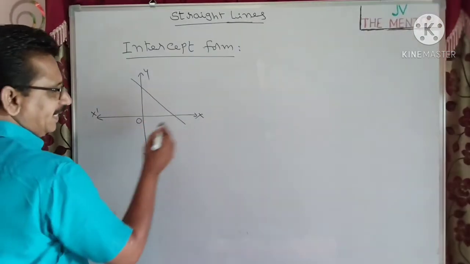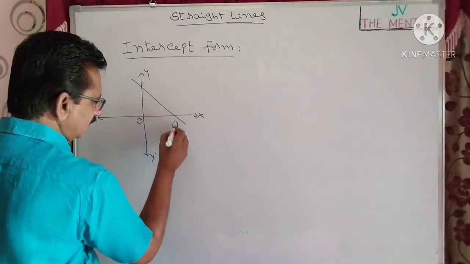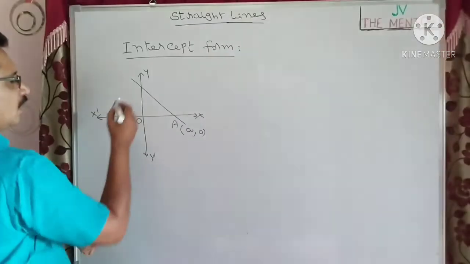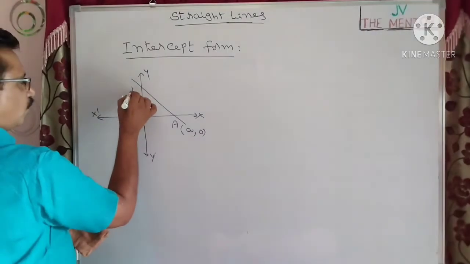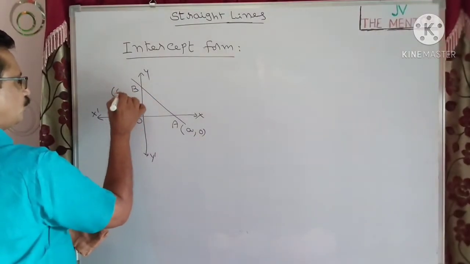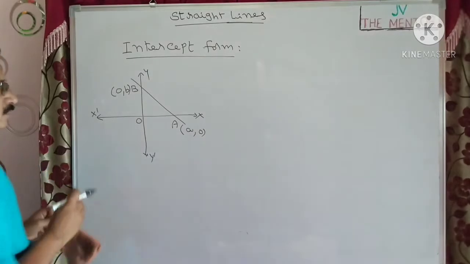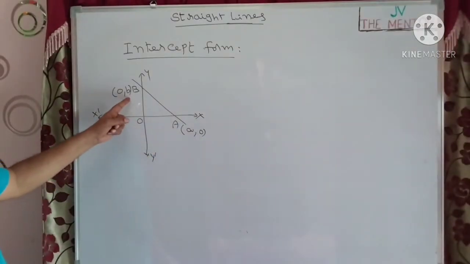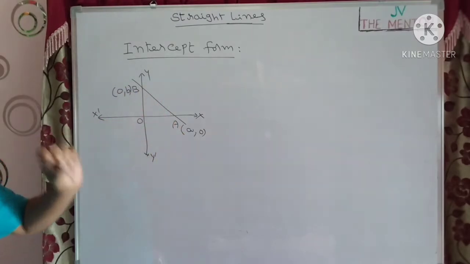This line intersects the x-axis at A comma 0 and the y-axis at 0 comma B. Now the coordinates of A are A comma 0 and the coordinates of B are 0 comma B.